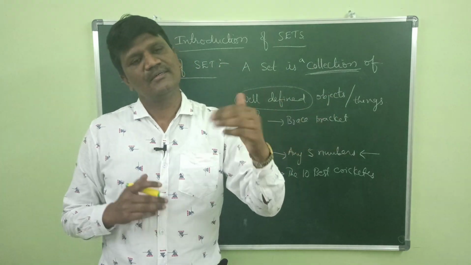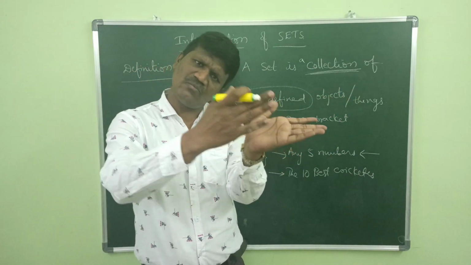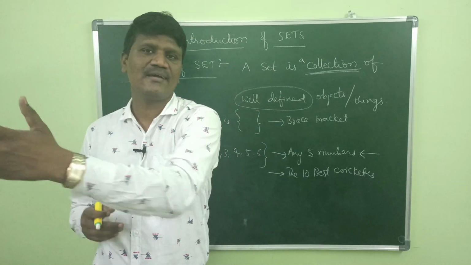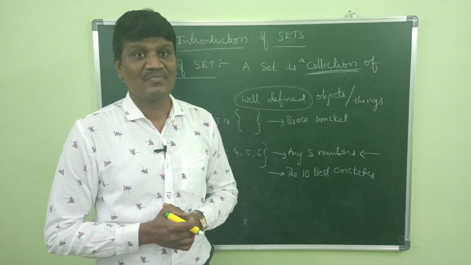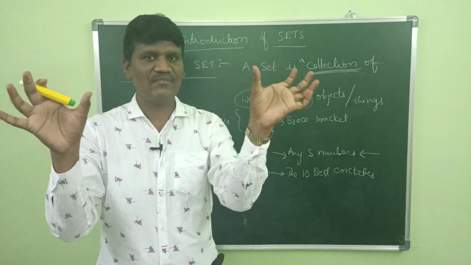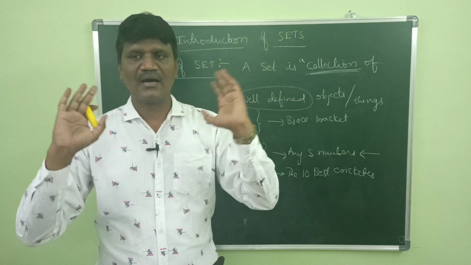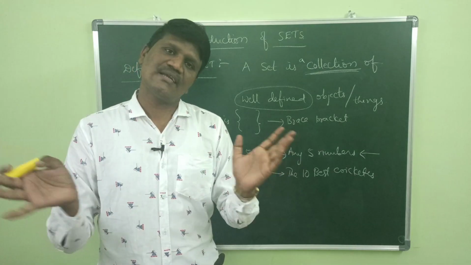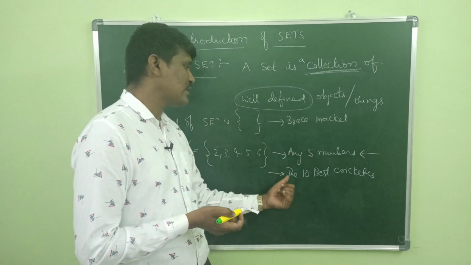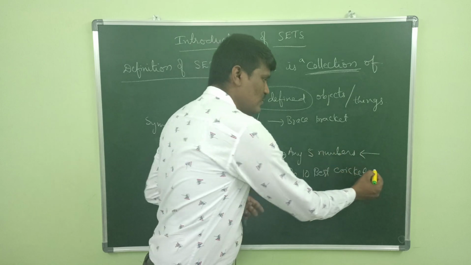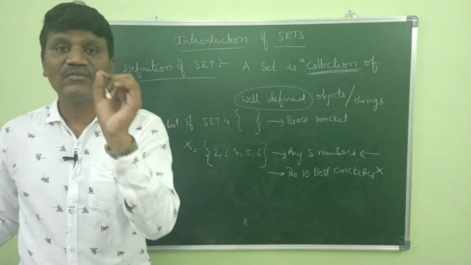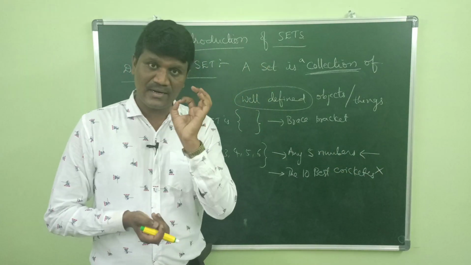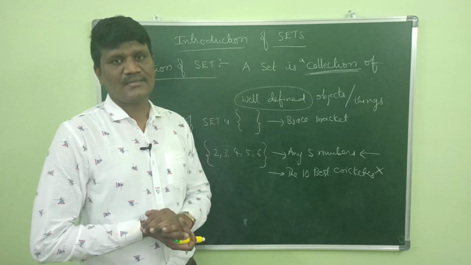You can write Sachin Tendulkar and others can write Virat Kohli, but the 10 will definitely differ. Can all the class members write the same 10 names? No, it is not possible. So the 10 best cricketers is also not a well defined set.